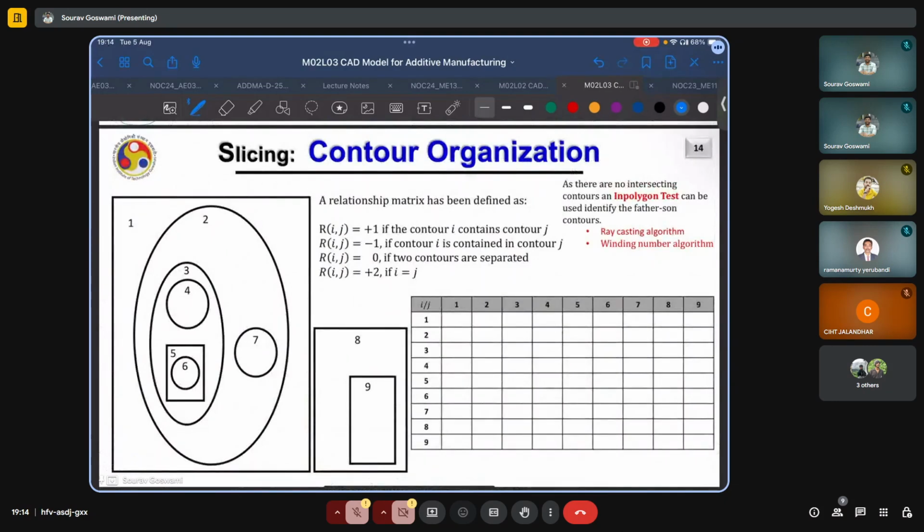yet he will do it just to practice the algorithm. The relationship matrix has been defined here as follows: if you are examining two contours, contour I and contour J, if contour I contains contour J, we will assign a value of +1. If contour I is contained within contour J, we'll give a value of -1. If they are separate and unrelated, we'll give them a value of 0, such as contour 1 and contour 8 here, which are totally separated.